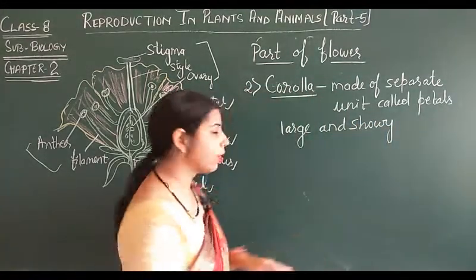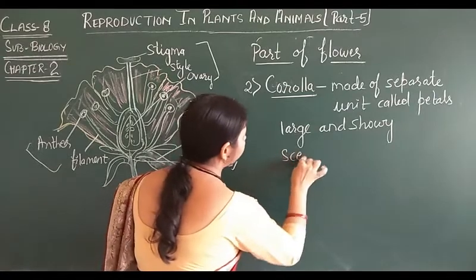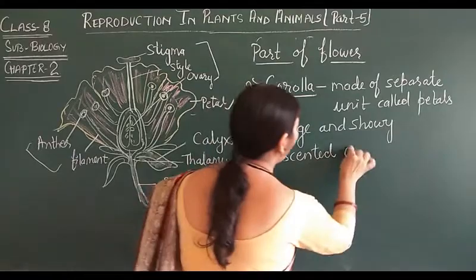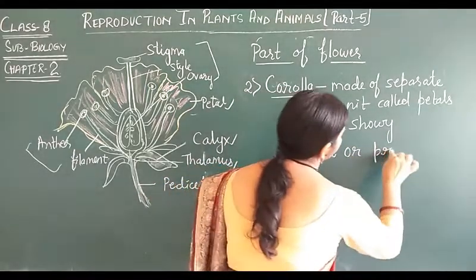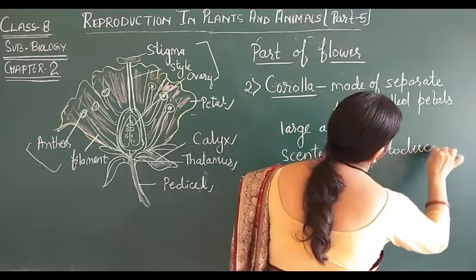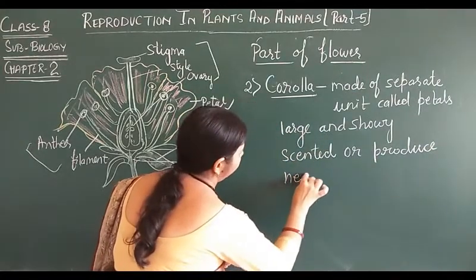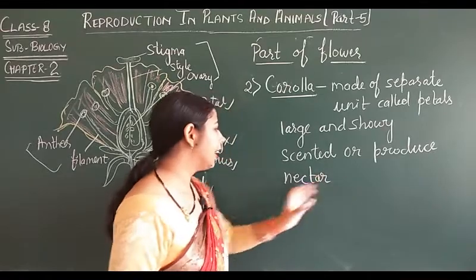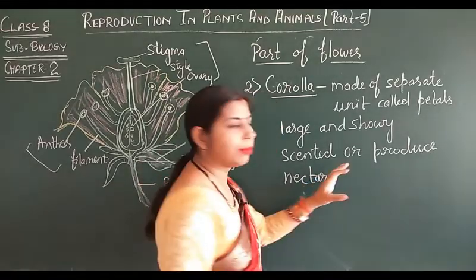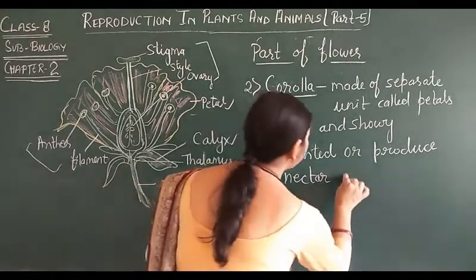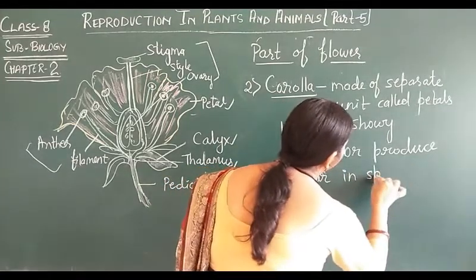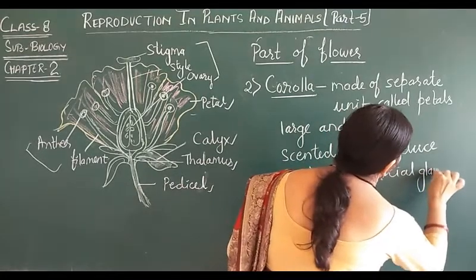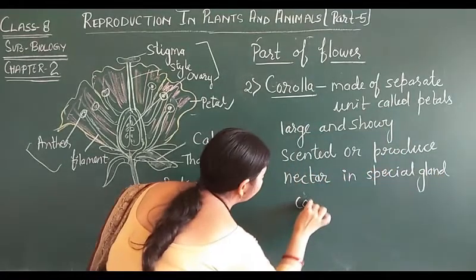One more important function: these are scented. That means they may be scented or produce nectar. या तो ये scented होंगे insects को attract करने के लिए, या nectar को produce करेंगे, और nectar produce होगा special glands में called nectaries.